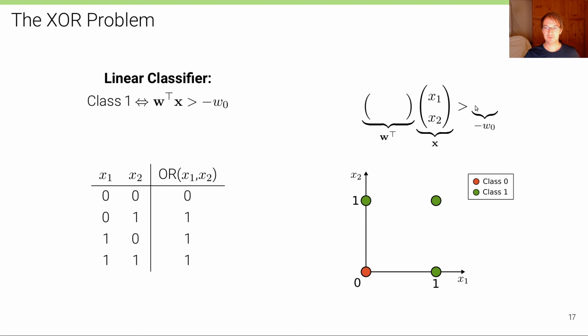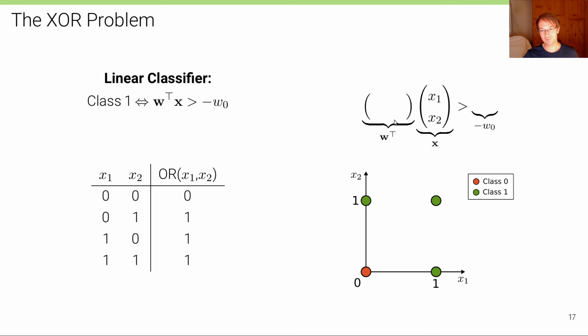If we choose it as 0.5 and we plug in 1, 0, so for x1 we have 1, for x2 we have 0, and we choose this vector here as the vector 1 and 1, we obtain a 1 here, which is bigger than 0.5. So these points would be correctly classified.